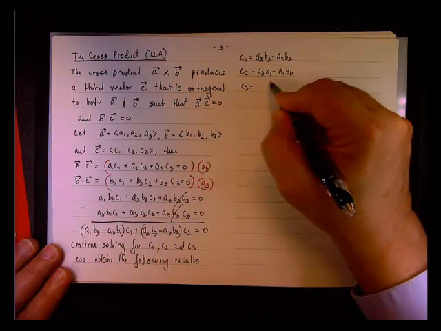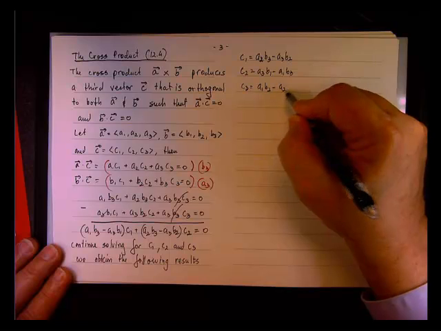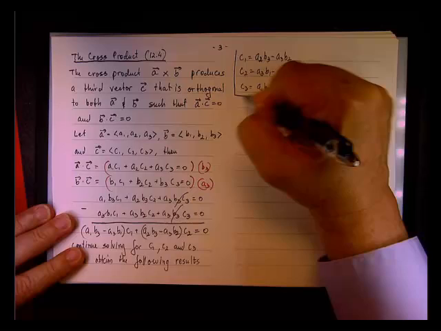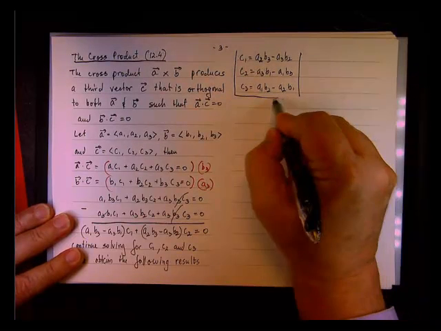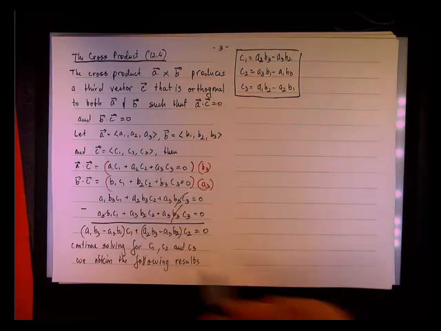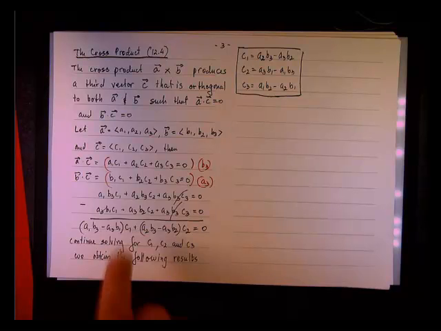C2 will be A3 B1 minus A1 B3. Notice the indices are changing the order, and C3 is A1 B2 minus A2 B1. This is the solution.